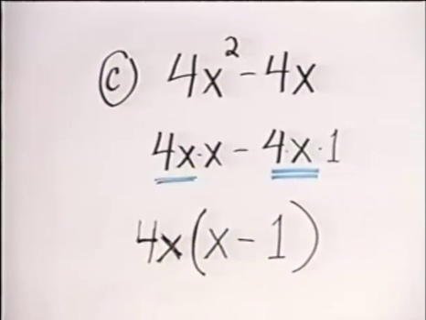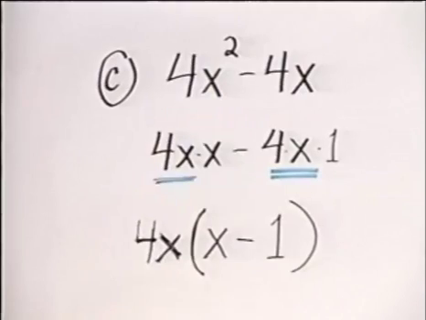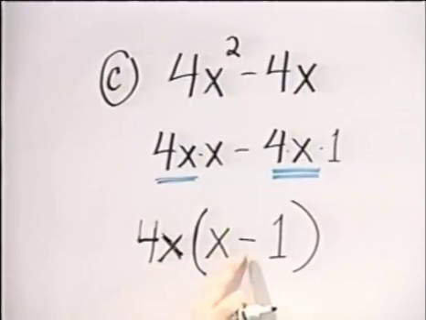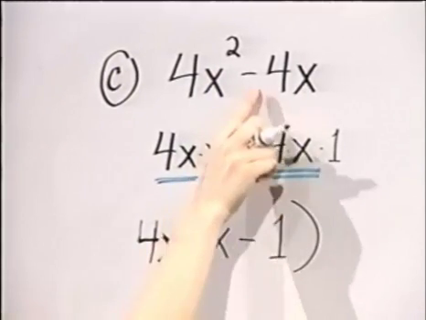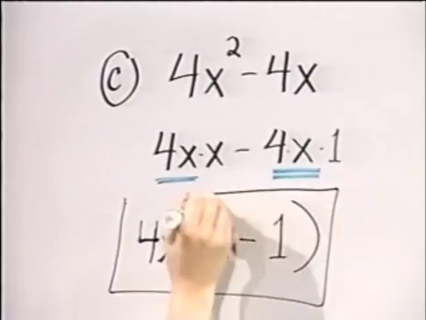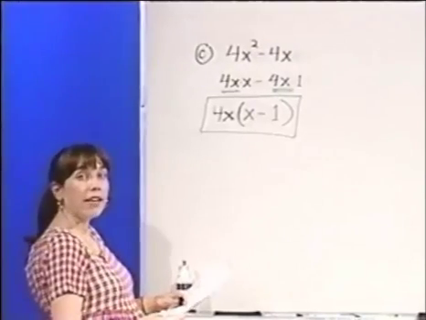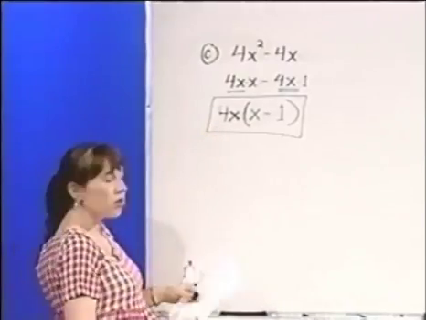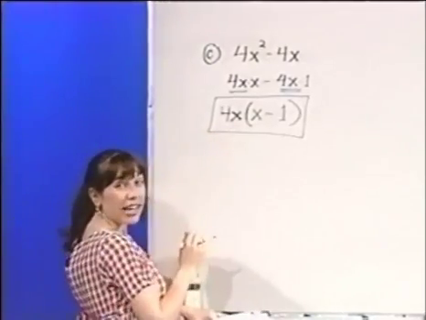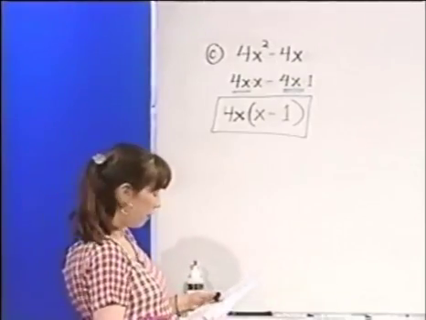And let's double check. 4x times x is 4x squared. 4x times minus 1 is minus 4x. And we've now factored 4x squared minus 4x using the distributive property. Your book refers to this as factoring out the greatest common factor. So that's another way to talk about it.